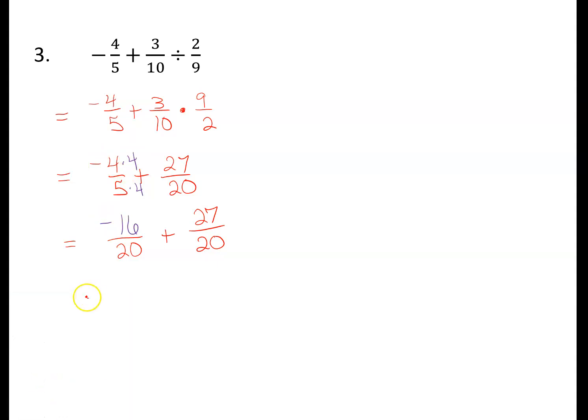Okay, so now my operation is only in the numerators. Negative 16 plus 27. Signs are different, so I need to subtract 27 minus 16, and the sign of the larger is positive. So it's positive 11. Keep the denominator. This is already in lowest terms, so 11/20 is the answer.